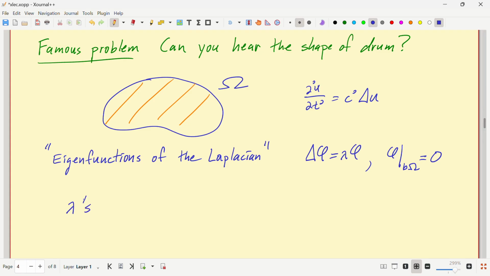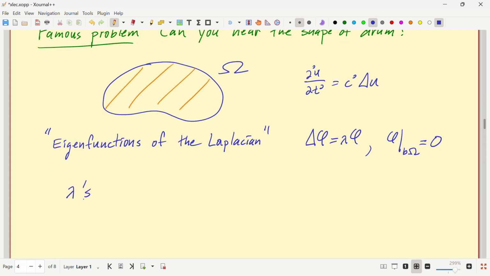Basically, we found those for the rectangle. So the lambdas determine the overtones, the pitches of the overtones. And so the question is, if you know all the lambdas, can you figure out what the omega is?